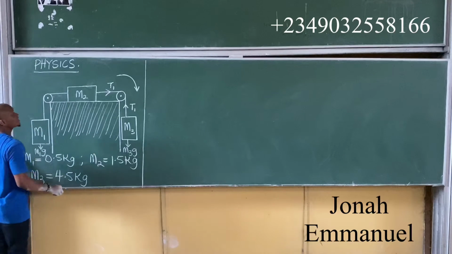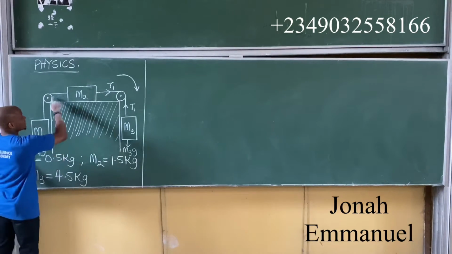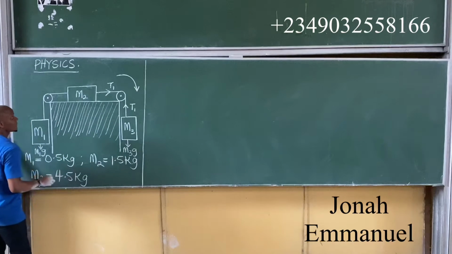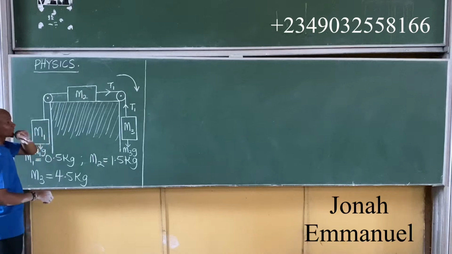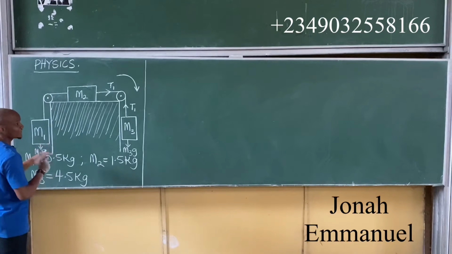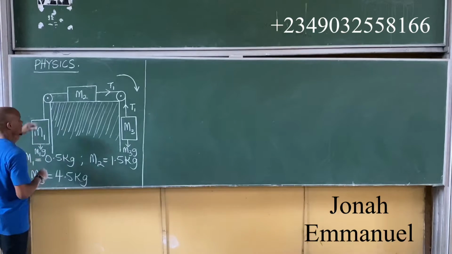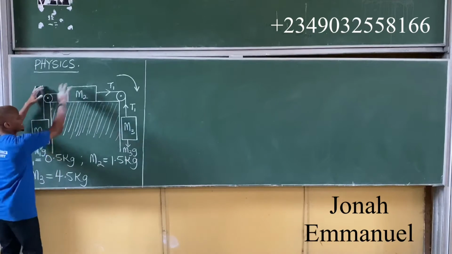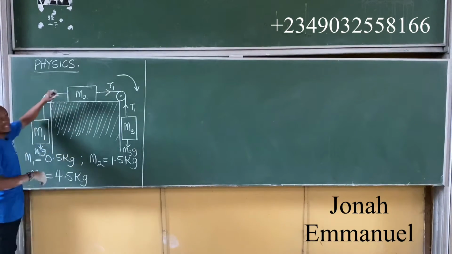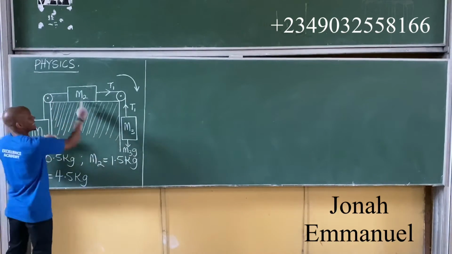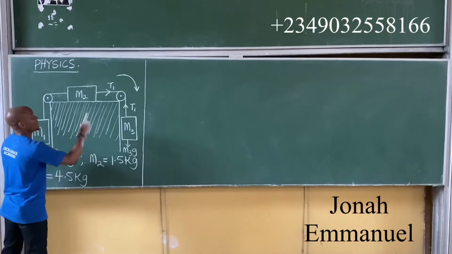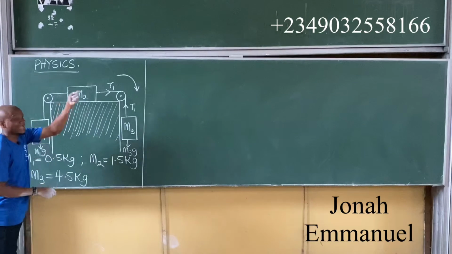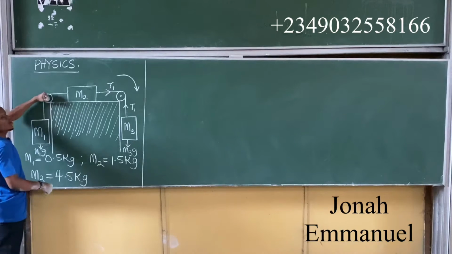Look at me. T2 will go in what direction? Is it to my right or to my left? Right. Now hang on. Let's say these masses are quite light, such that I can hold them up here.